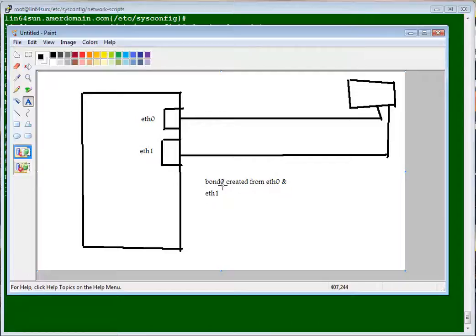So this bond 0 will act as one interface, or one Ethernet card. That is logical. Logical means that for the system, bond 0 is one Ethernet card, and inside it is pointing to two physical cards.